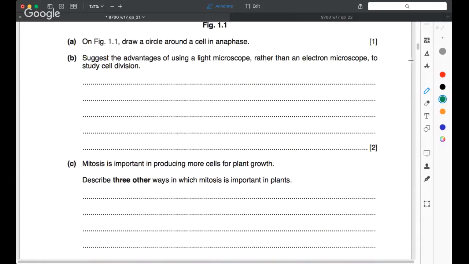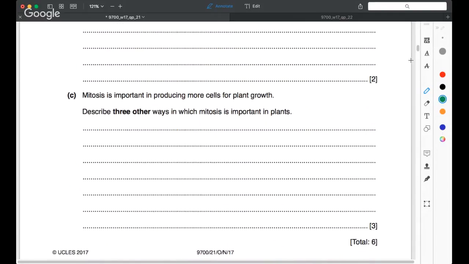Or you could talk more about the preparation. In light microscopy, you don't need to use heavy metals, therefore it doesn't kill the sample, and it's less time consuming as well. But yeah. Good, next one.